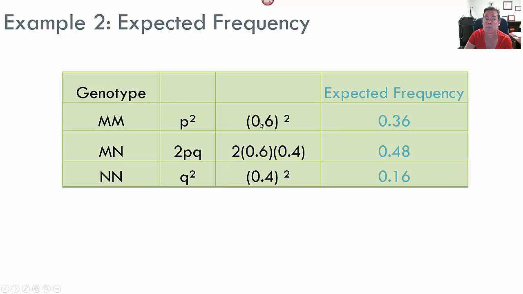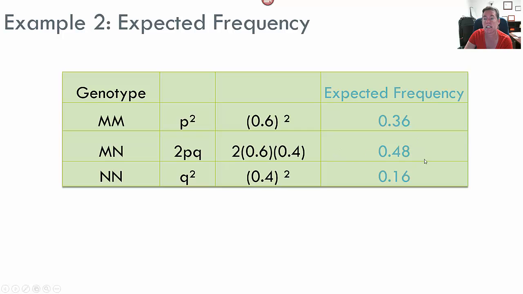We said that the frequency of the M allele is 0.6, so 0.6 times 0.6 equals P squared, so the expected frequency equals 0.36. For the heterozygote, we said it should equal 2PQ, 2 times P, which equals 0.6, times Q, which equals 0.4. 2 times 0.6 times 0.4 equals 0.48.